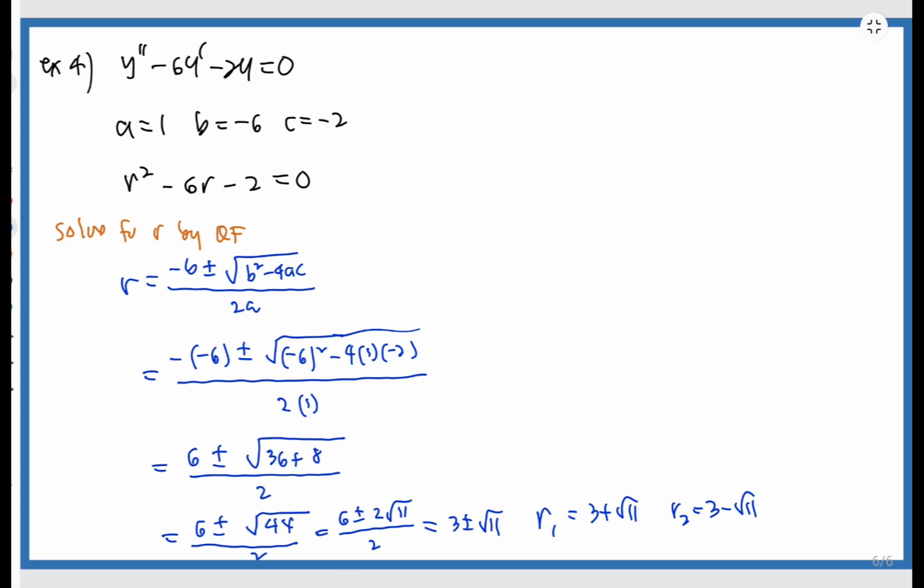So therefore, the general solution is y equals C1 e to the R1x, so e to the 3 plus square root of 11 x, plus C2 e to the 3 minus square root of 11 x. Okay.